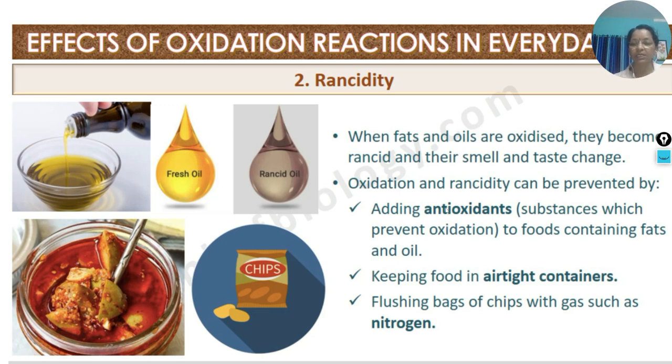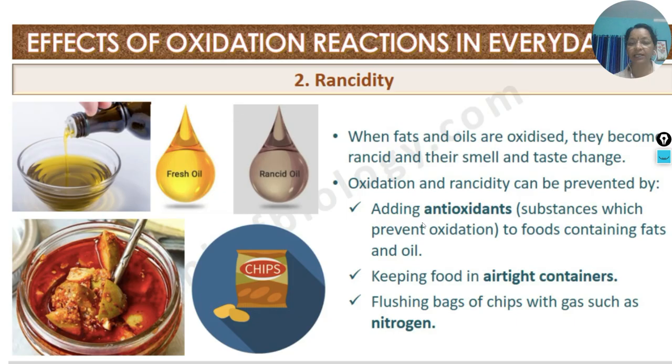For example, chips manufacturers add antioxidants to foodstuffs containing fats and oils. Chips packets are usually filled with nitrogen gas, which prevents oxidation.